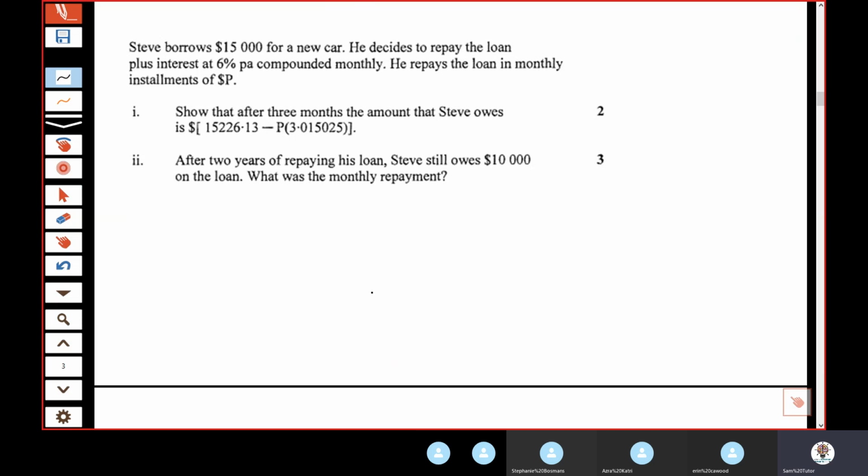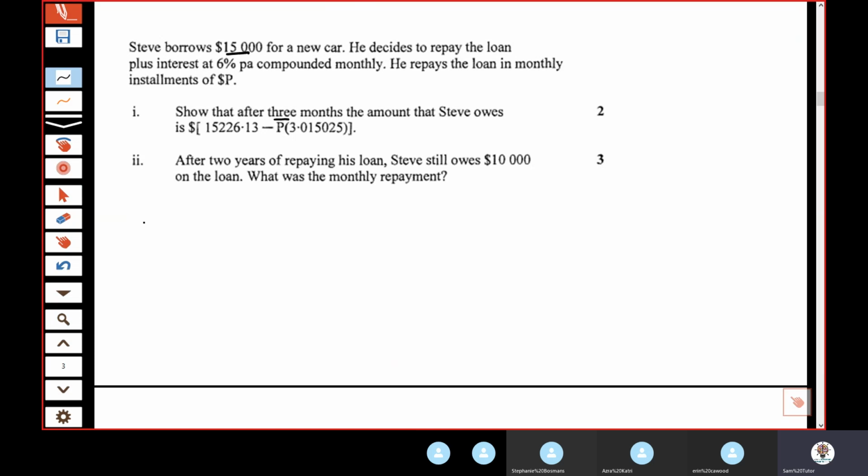Still working on it? Or do you feel like you know what to do? Okay. Steve borrows 15K for a new car. He decides to repay the loan plus interest at 6%. He repays the loan in monthly installments of P. Show that after 3 months, the amount that Steve owes is, okay, which is standard, right?